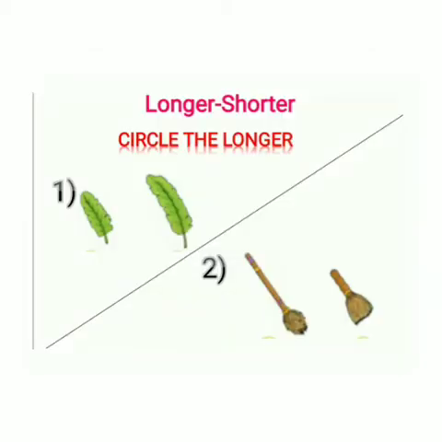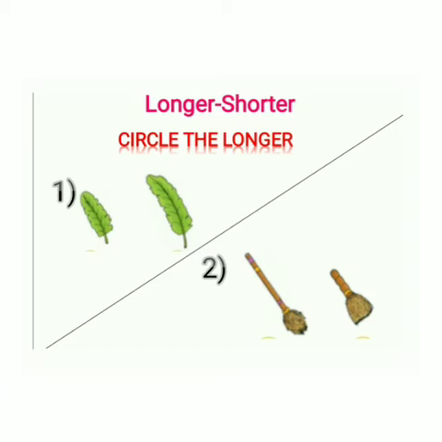Let's do some activities related to longer and shorter from your textbook. You can find this activity on page number 93 of your textbook. Circle the longer. Here we have to compare the length, that means lambai. Here we have two quills.